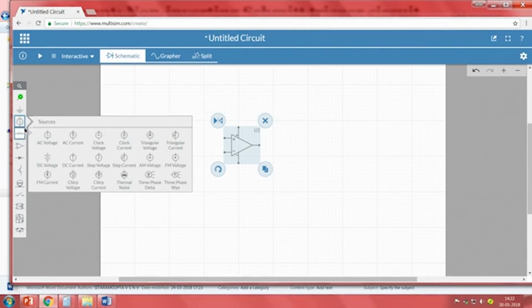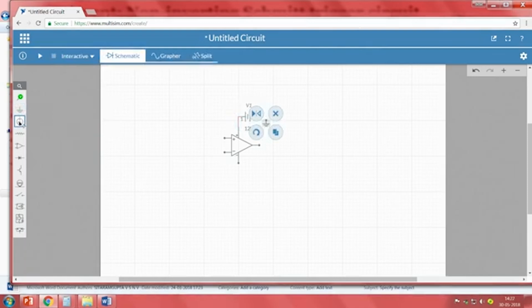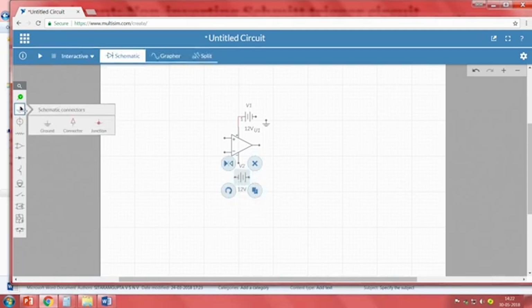So I will go to the source palette, here I will take a DC voltage and rotate it, and connect it from here to here. Similarly, I need a ground, I will put a ground and connect it later, and again I need one more supply voltage to power it, the negative bias power, then again the ground, right.